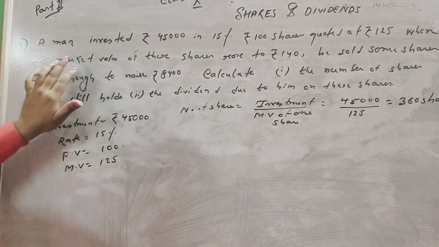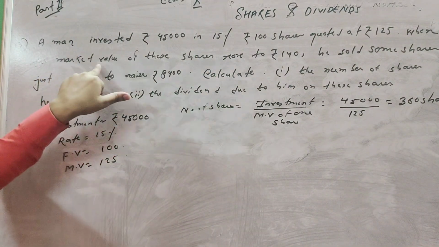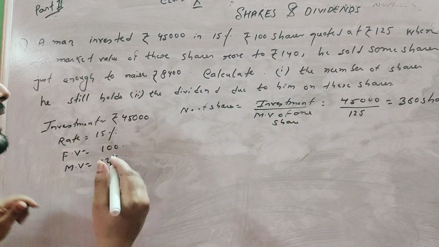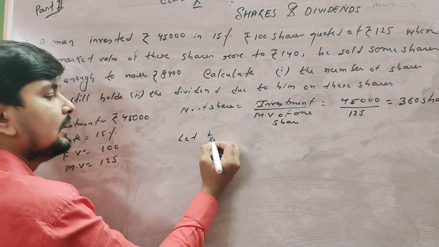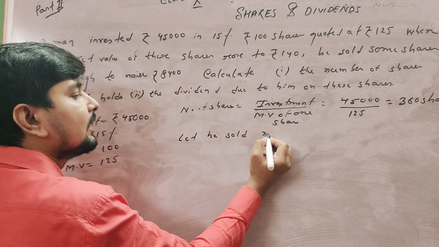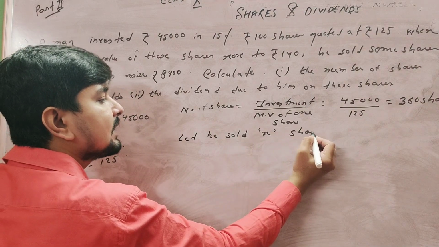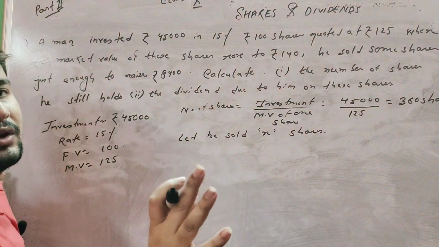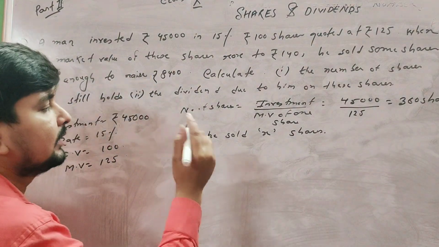Okay, when the market value rose to 140, he sold some shares. He sold X shares, only just enough to raise, that means you only want rupees 8,400.